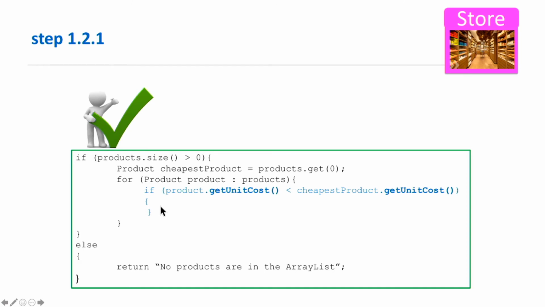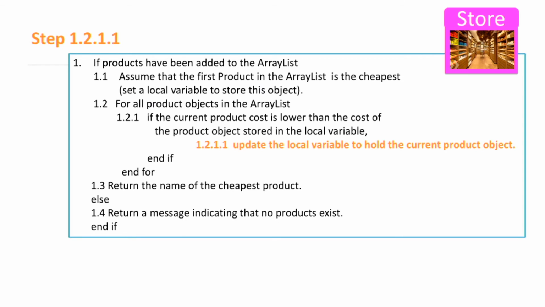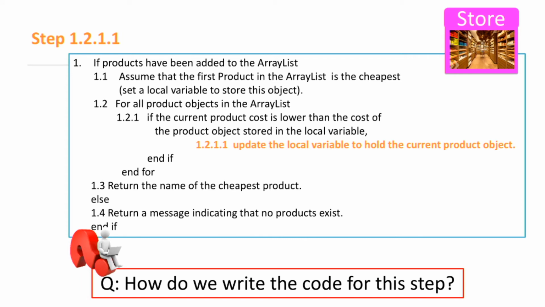Inside the curly brackets, we're going to implement what we want to do if this is true, which is step 1.2.1.1. We want to update the local variable to hold the current product object. So again, have a think about this. How do we write the code just for this one statement? Update the local variable to hold the current product object.